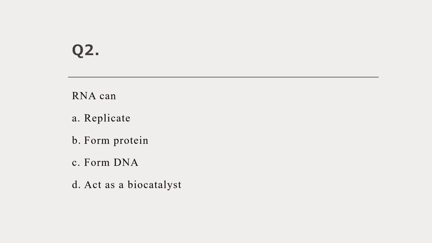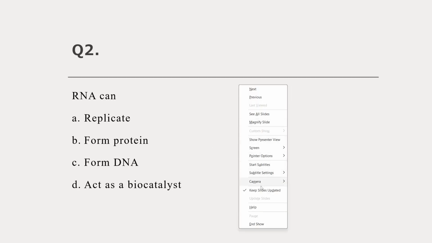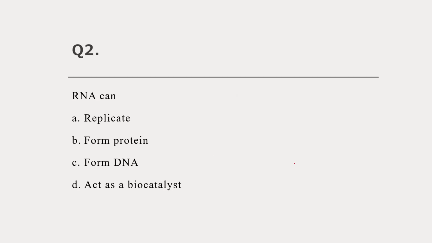Okay, let's discuss. Here I got a diverse set of answers. Some of you said B, some D, some C and A. So every option has been covered. Nice. Your answer is D. RNA can act as a biocatalyst, which we have been talking about for the last 10 minutes.